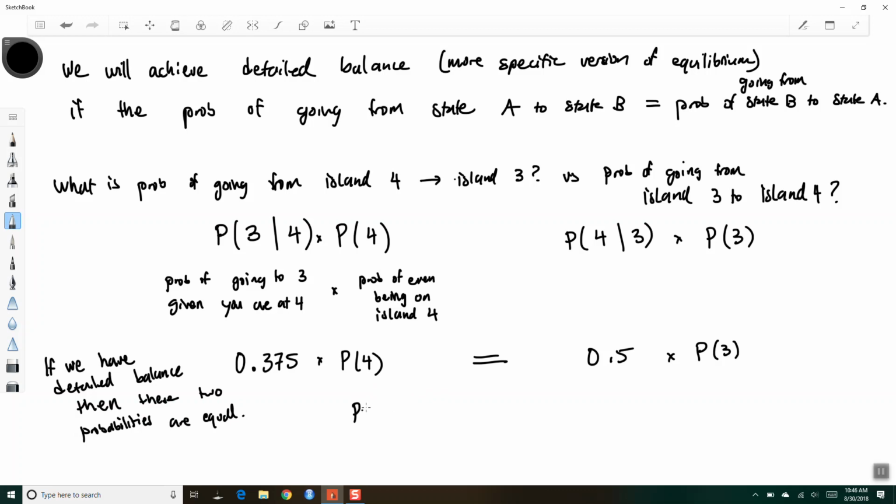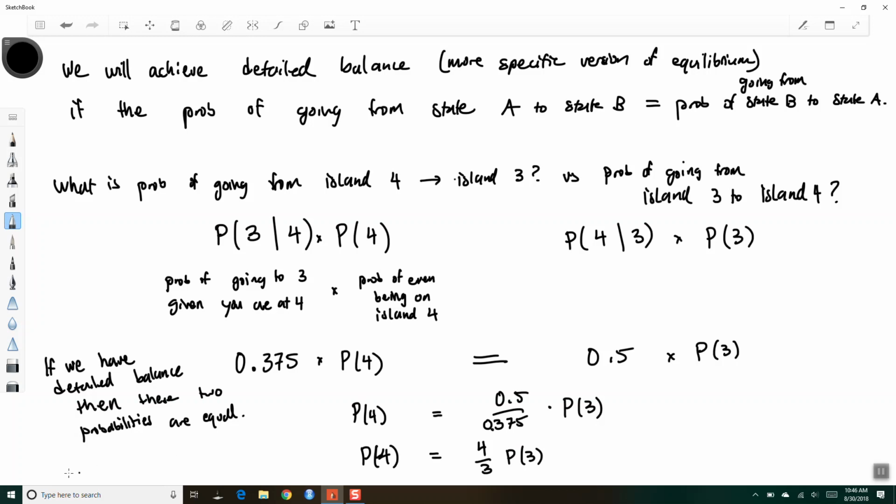And so if we set these two equal to each other, then what do we get? We would get the probability of island 4 needs to be 4/3 the size of island 3.